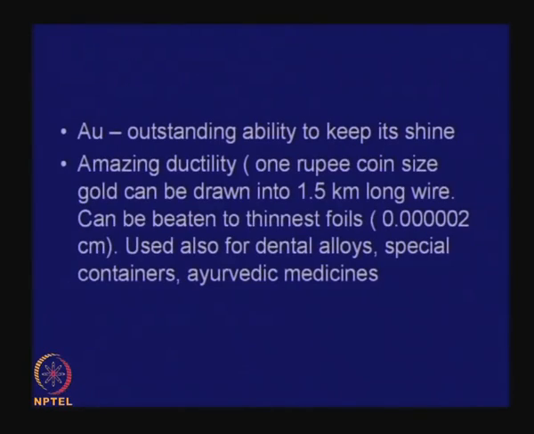But then gold has other uses. It is used in dental alloys, in very special containers, Ayurvedic medicines, in many electronic and other applications. We can have gold for contact, because it will never get oxidized, it will always maintain good metallic contact. These are very special uses, but again the value of gold is not because of its utility, it is because of other reasons.